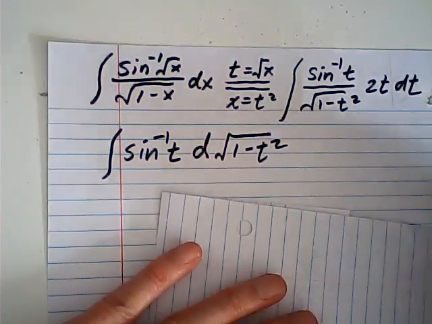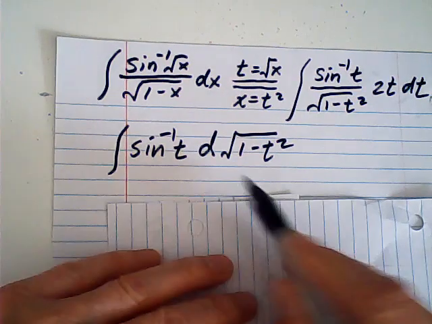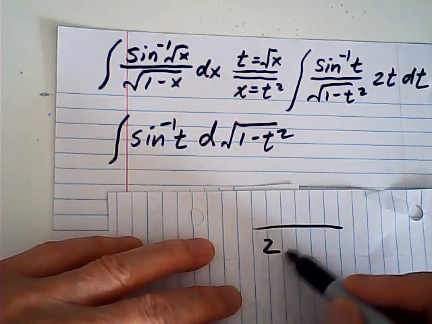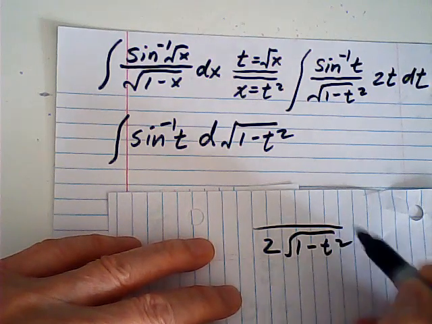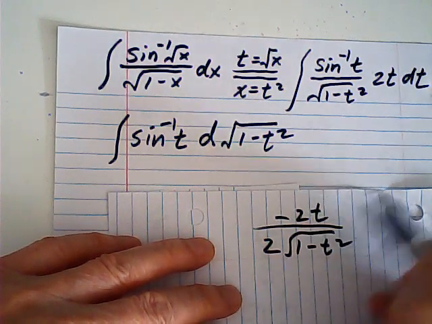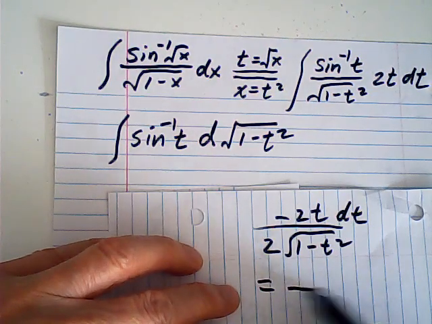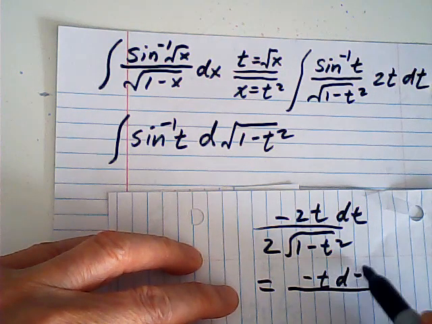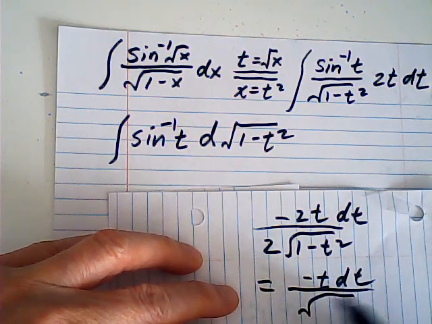So what is this? The derivative of square root 1 minus t squared is equal to 1 minus t squared, right? Negative 2t dt. So this one is equal to negative t dt over the square root of 1 minus t squared.